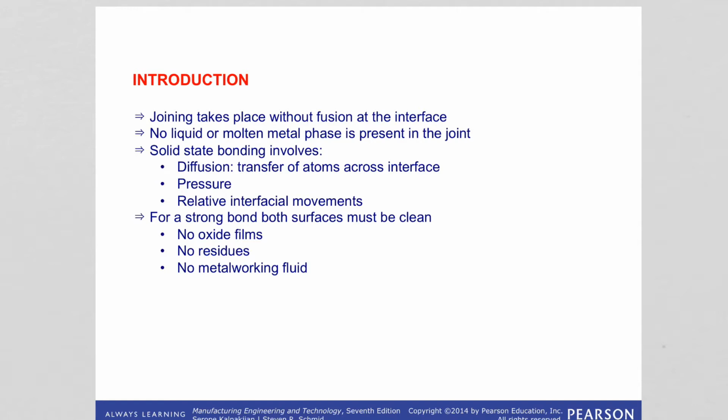And there is also pressure that can be applied together with the heat in certain cases. So the higher the contact pressure, the stronger is the interface. Examples are roll bonding. And there can be bonding induced with relative interfacial movements, such as in ultrasonic welding.